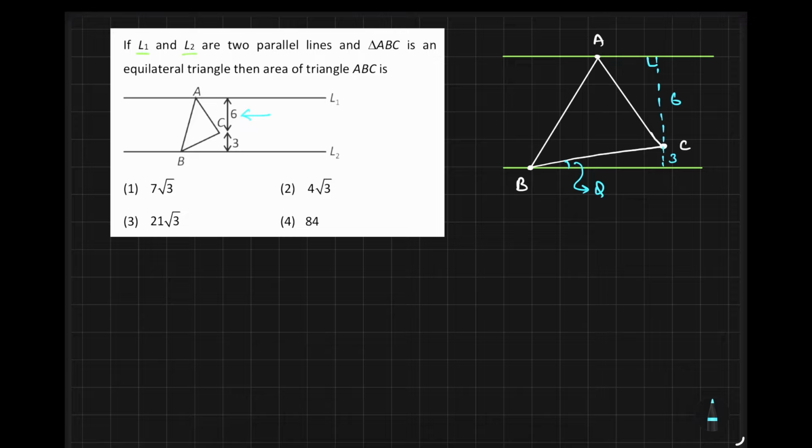Okay, we are interested in finding the side length of the triangle. Look at this, you know that it is 90 degrees, so this side will become perpendicular if we consider triangle BCP. Suppose this is P, this is Q.